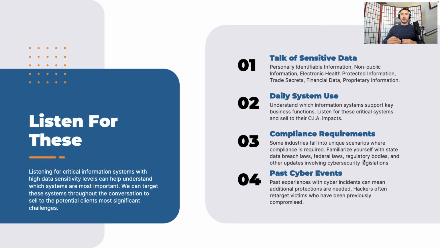If a company is non-compliant, there may be regulatory fines or penalties, they may lose customer trust, or they may have to pay a lot for a cyber investigation or even a breach notification to the customers if data has been exfiltrated. So we can listen to these compliance requirements and help them understand that there may be impacts in the form of cost that they can shift the liability for to the insurer by purchasing cyber liability insurance.